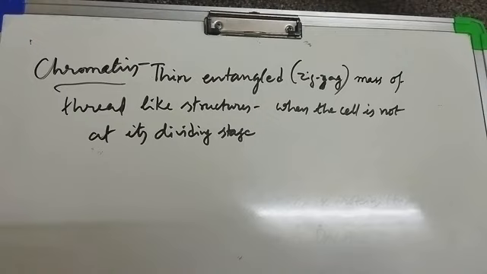If it is in a thin, entangled mass of thread-like structure, splitting or dividing becomes difficult. Not only that, separation of the functional segments into two equal components also becomes difficult. So only when the cell is about to divide, the chromatin material organizes itself into chromosomes.